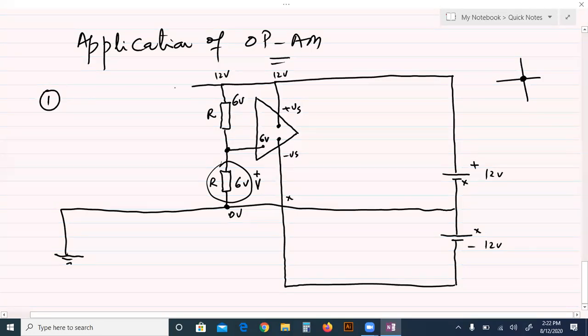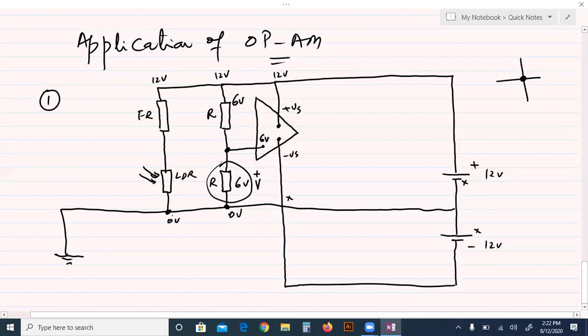Similarly, we will draw here another potential divider. This is a resistor, and here is a variable resistor, for example, an LDR. This is the fixed resistor, this is the LDR. Now the voltage at this end is 12, at this end 0.